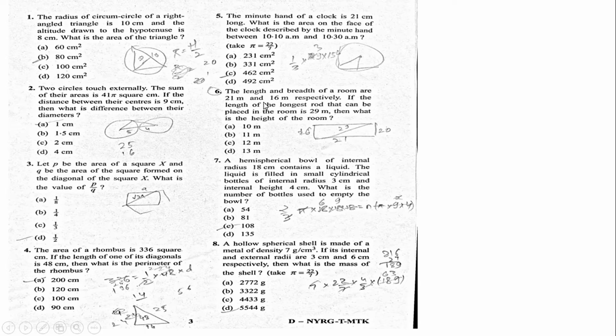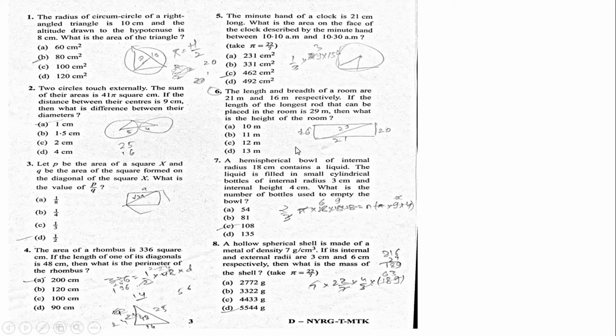The sixth question says this is the case of a cuboid, in which we have to calculate the height, the length and breadth are given, and the diagonal is given.